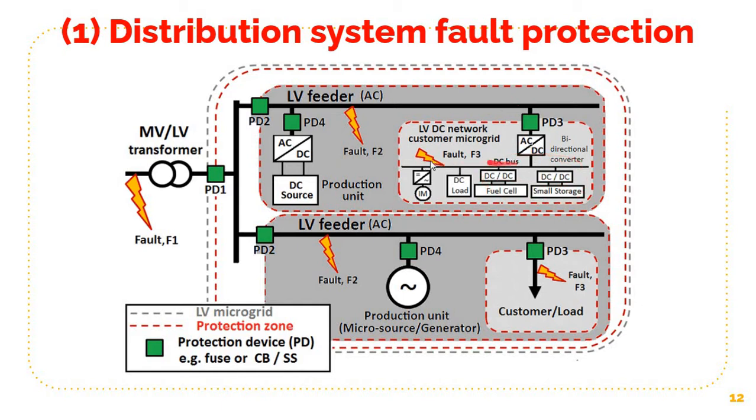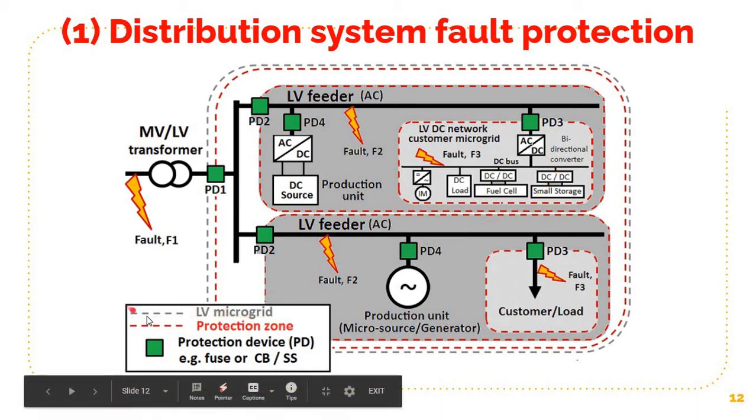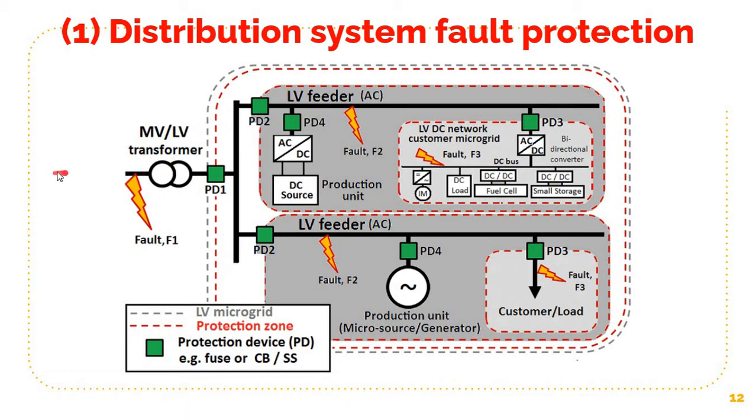A fault can happen on this line also. So all these are various possibilities. The red dotted lines show the protection zone, the gray colored broken lines show the LV microgrid, and beyond this is called the MV side.